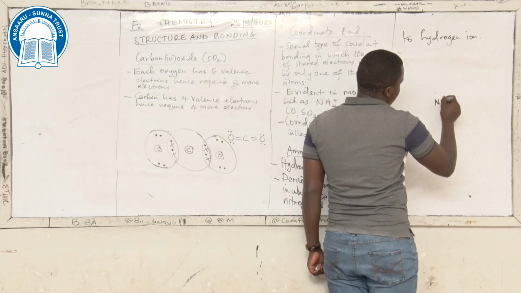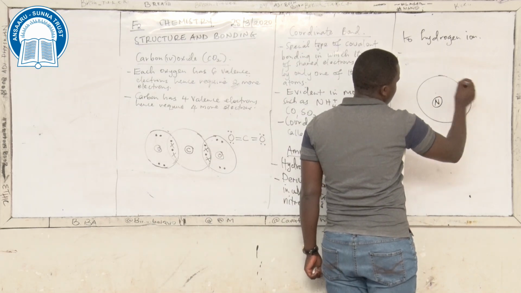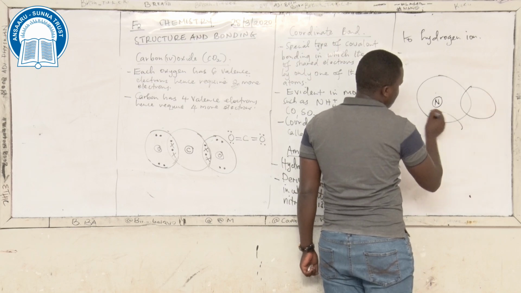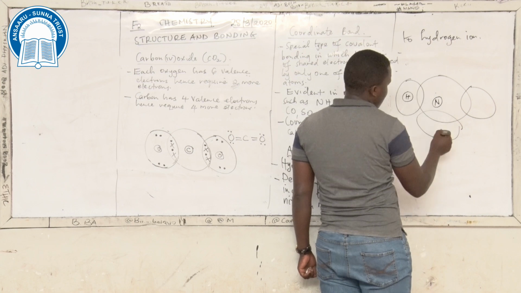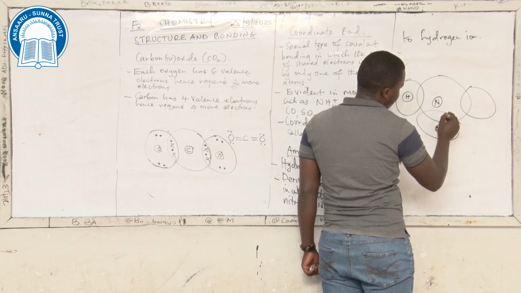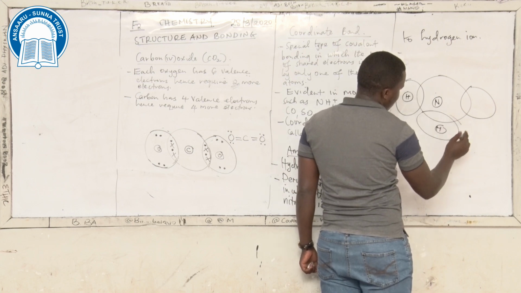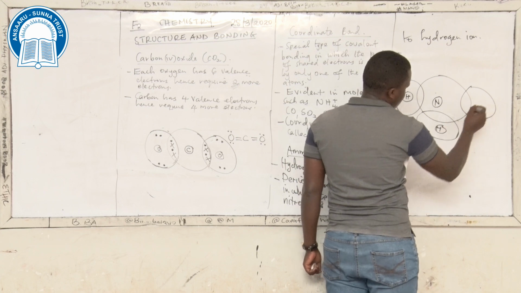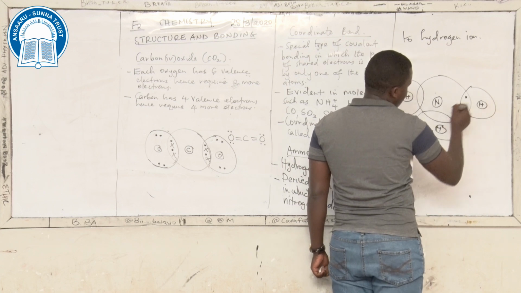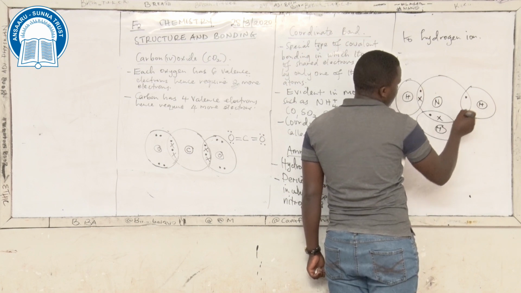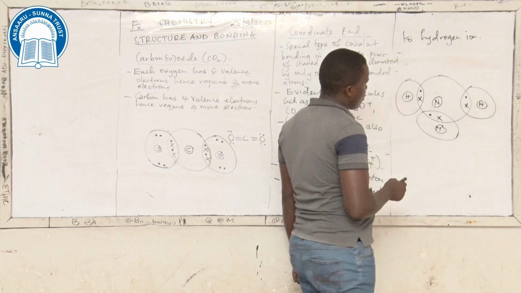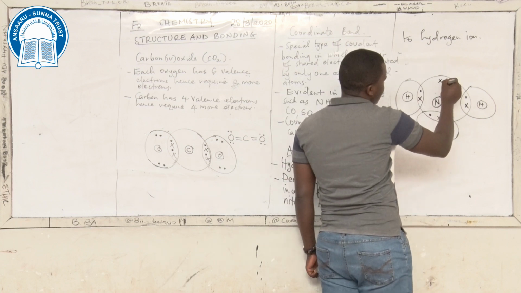So in terms of structure, the 3 hydrogen atoms here have got electrons, so they are not electron deficient. So this is the electron, another one, another. Then the nitrogen brings one each. This is what we show as ammonia. Then you have the lone pair there.